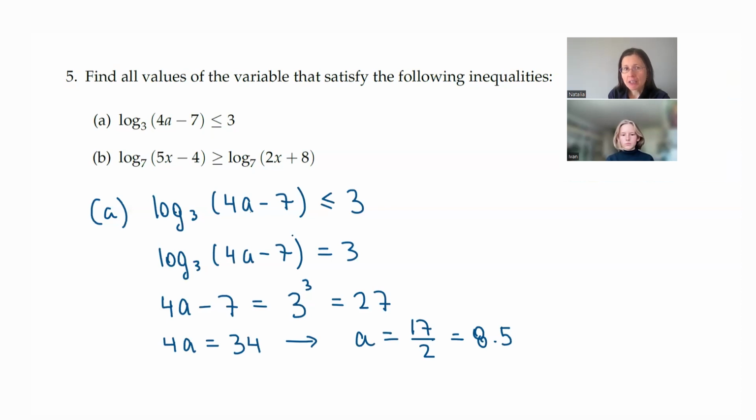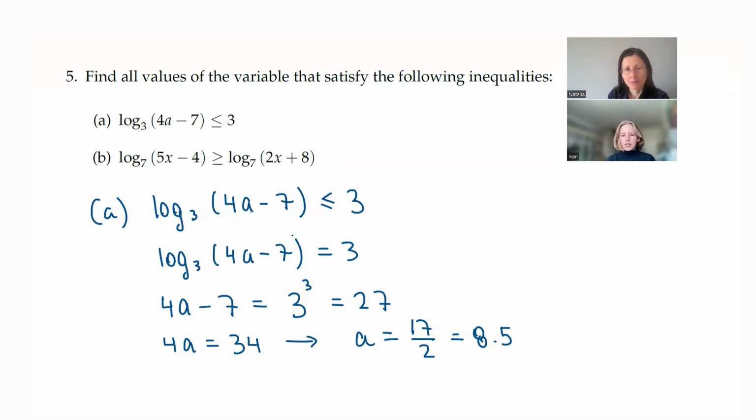All right, so that's the equality, but how do we know the a itself should be greater or smaller? Because that's the boundary. It will hold the equality sign right here.